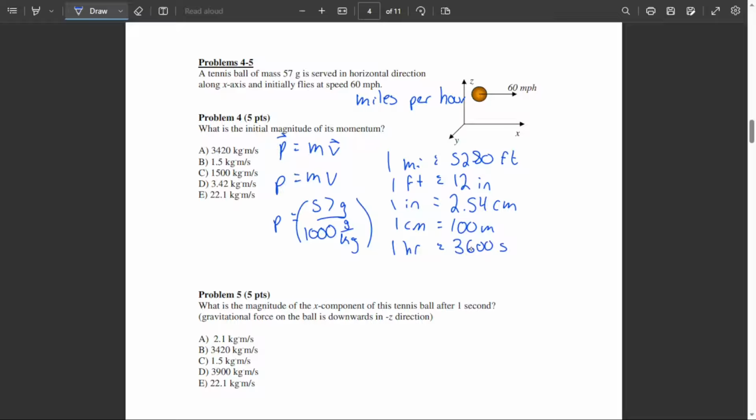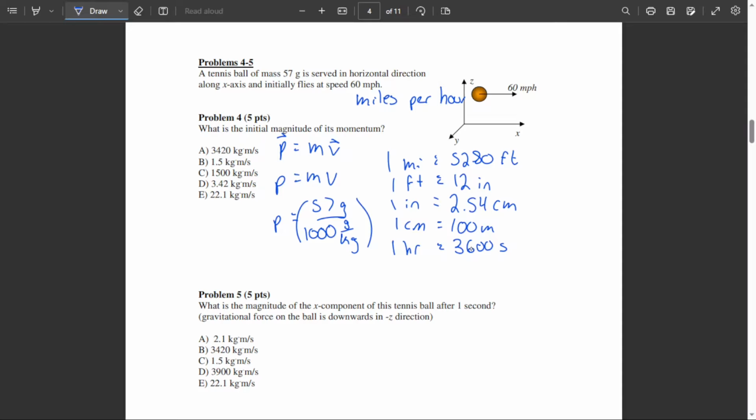Alright, I'm just going to directly calculate this and convert from miles per hour to meters per second. So 60 multiplied by 5280, times 12 times 2.54.